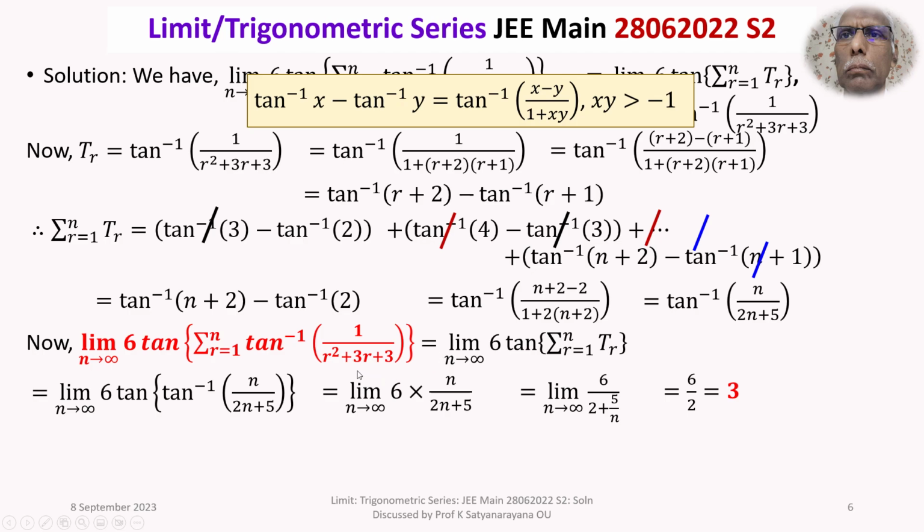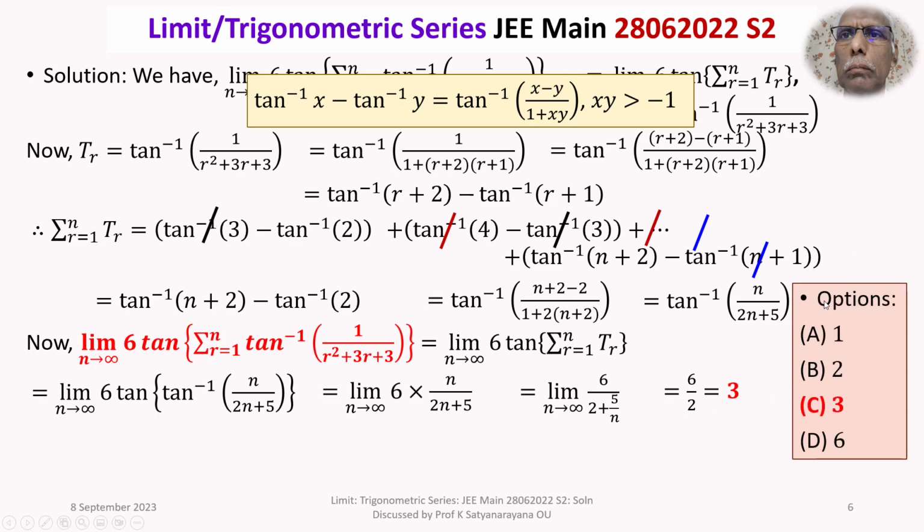Sigma r equals 1 to n of tr is Sn, the sum of the first n terms, which is the partial sum. We have taken the partial sums, and as n tends to infinity we have found the answer. That means we are practically talking about the convergence of the trigonometric series. It converges to 3. Let's look at our options.